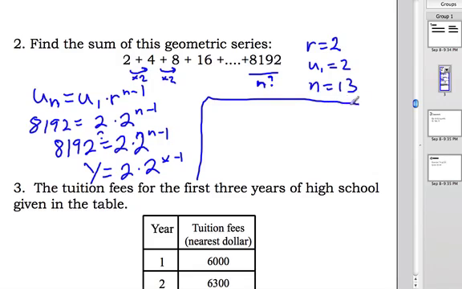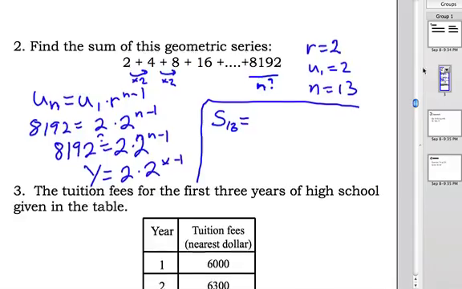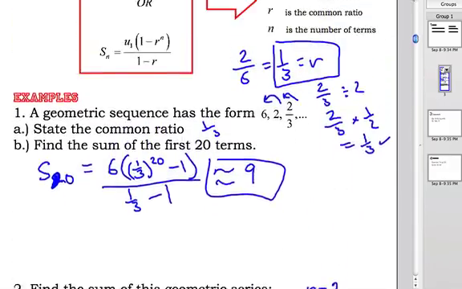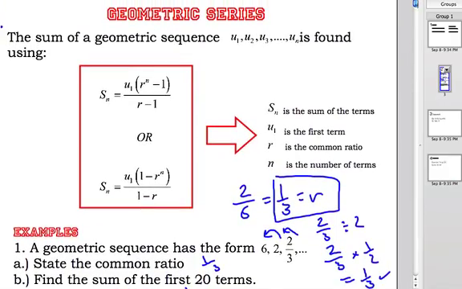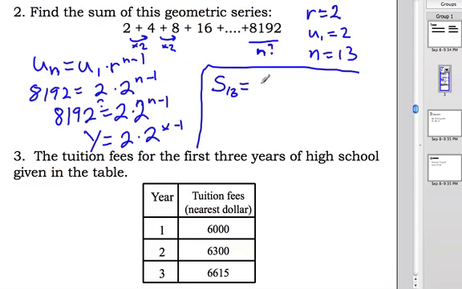And we use the formula for the sum of terms in the geometric series. We have S13 equals, and let's take a look at the formula. Okay, so u sub 1 times r to the power of n minus 1. So we have u sub 1 times r to the power of n, then minus 1, so that's going to be 2 to the power of 13 minus 1 out of 2 minus 1.